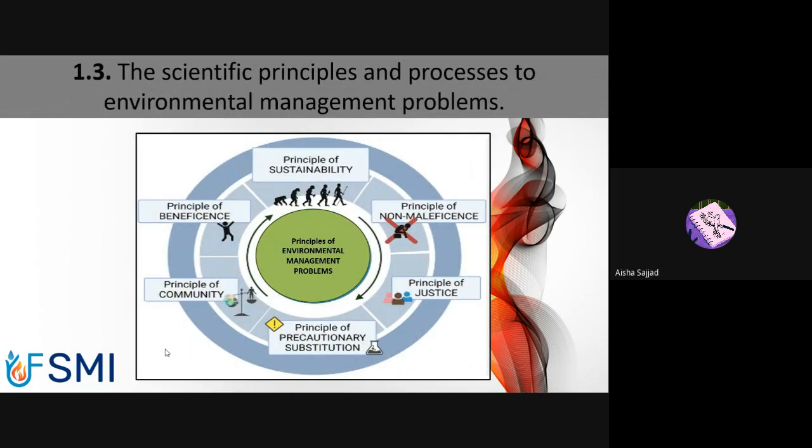Okay. So assessment criterion 1.3 says that we have to talk about different principles and processes that can be used for managing problems related to the environment, and how environmental management problems can be better handled.